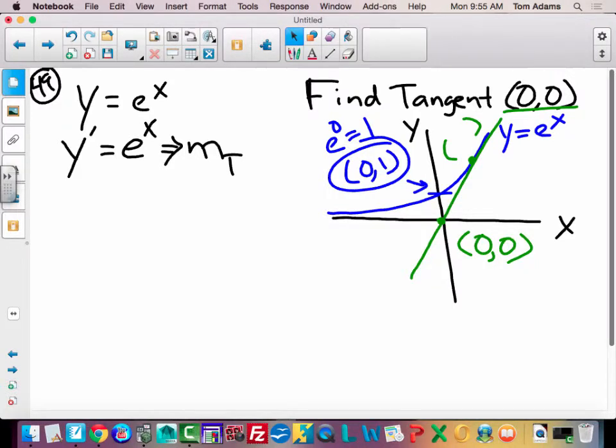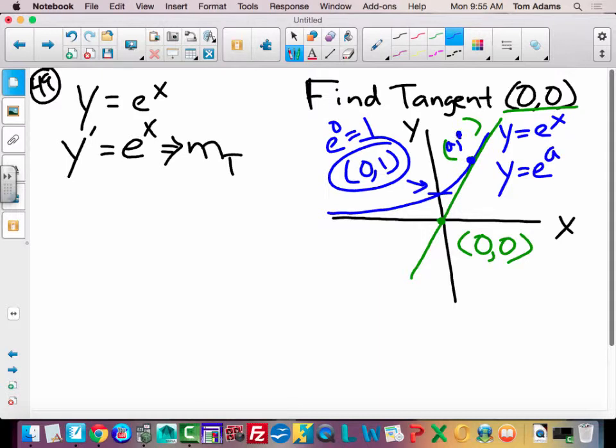And so I need to plug in this x, y value. I don't know what it is, so I'm going to call it a. But what I do know is that the corresponding y value for that is e to the a, because y is equal to e to the x, whatever x is. In this particular case, I don't know what x is, so I'm going to call it a.